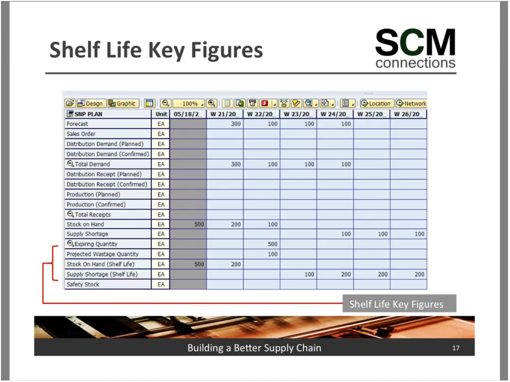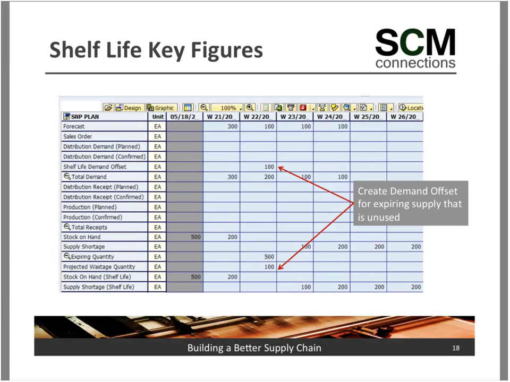Here, I'm not showing you the short-dated demand that I showed you earlier, but I'll talk through that. Without having this additional key figure and copying the wastage quantity from here into here, you aren't going to factor in expiring inventory within S&P.